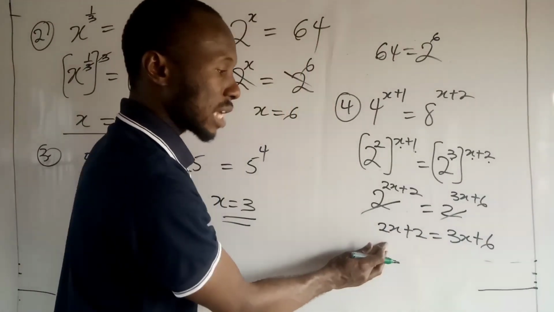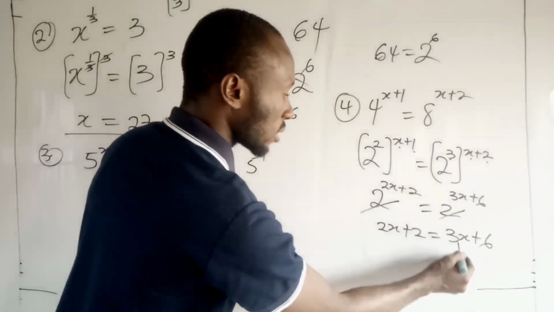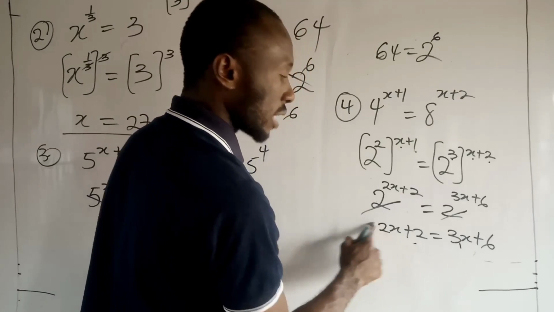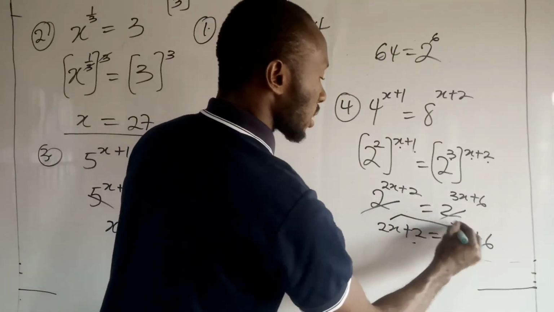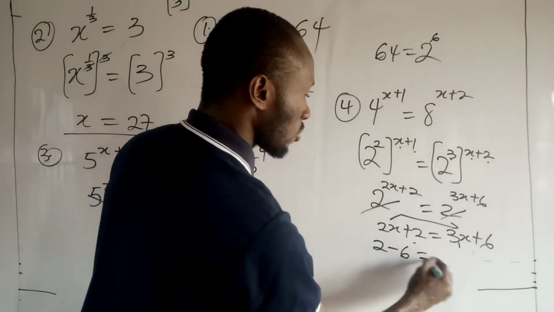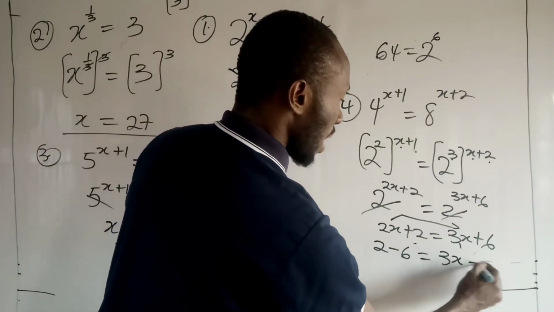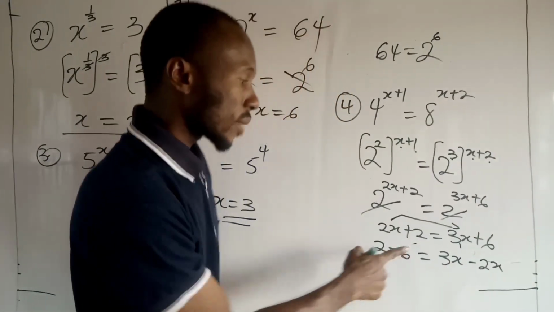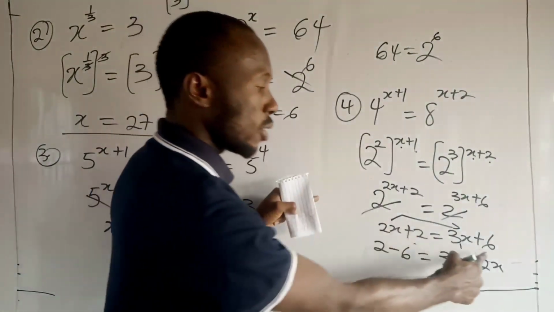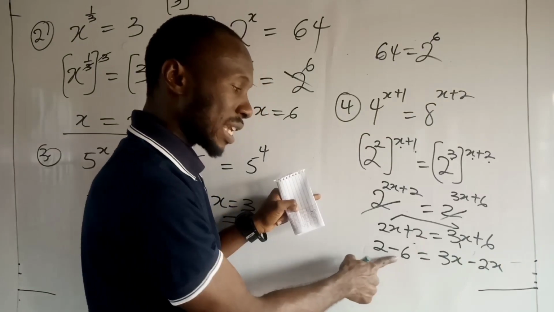You want to collect like terms, so let's take all the x to the other side. So you have 2 minus 6 is equal to 3x minus 2x. Let me explain. The 2 is already on the left hand side. When I take 6 to this other side, it becomes negative 6.